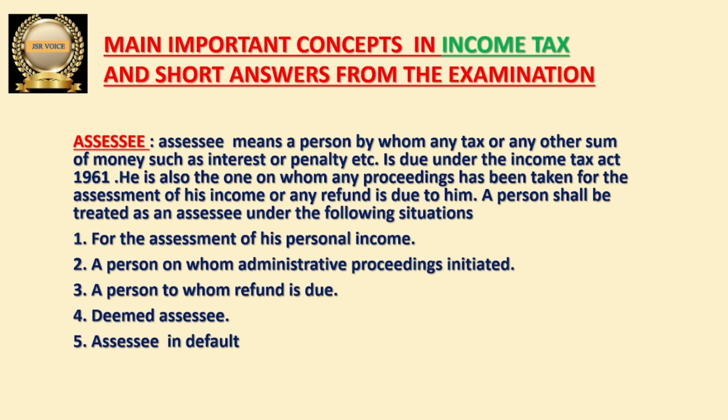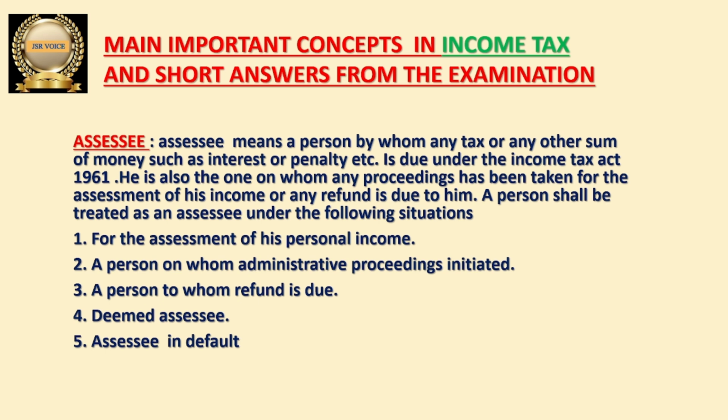So the income tax department is taking any proceedings against any person for the assessment of his income or anything else, then we can call that person an assessee. And a person to whom refund is due. Just now I explained all these points. Here the income tax department has to refund some amount to any person because that person had paid some extra tax. That is why the income tax department wants to refund some amount to that party, then we can call that party an assessee.